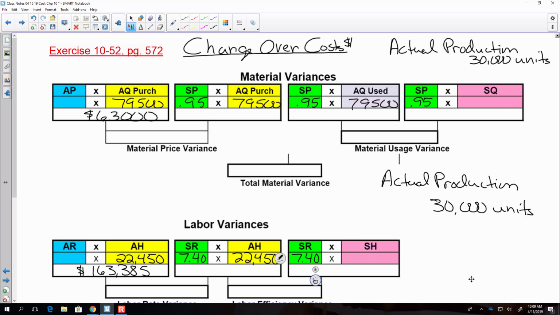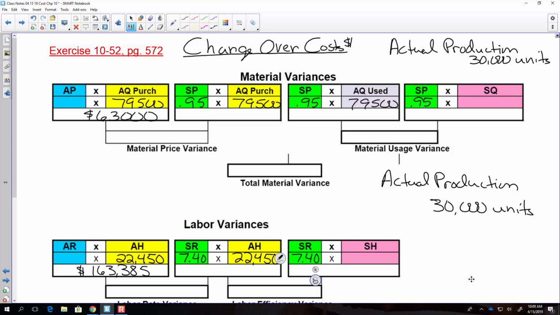So these are the numbers that the author gave us, both standard numbers and actual cost numbers. Any question on any of the numbers that are shown at present?